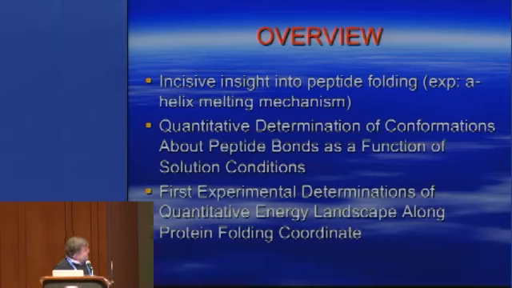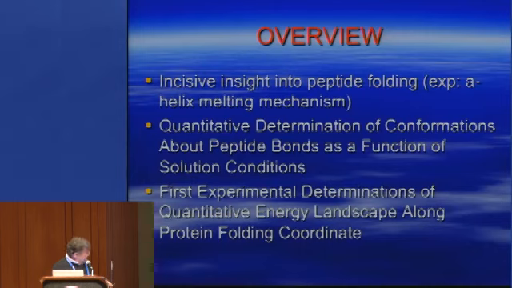And it turns out that you can get really incisive insight into protein and peptide folding. You can get a very deep look at alpha helix melting, for example. UV resonance Raman offers 1 to 2 minute to 5 minute fast measurements of solution spectra that allow you to definitively determine conformation about peptide bonds as a function of solution conditions.